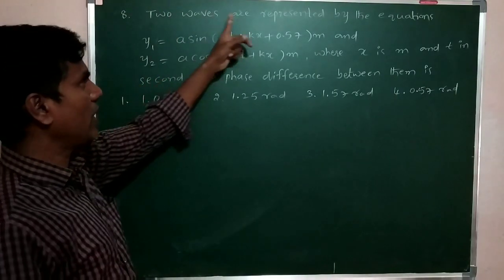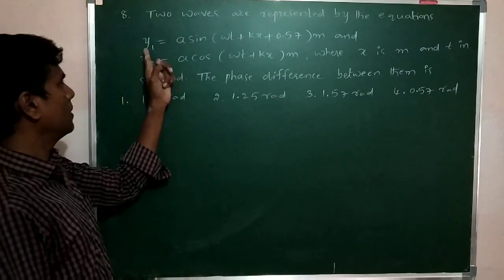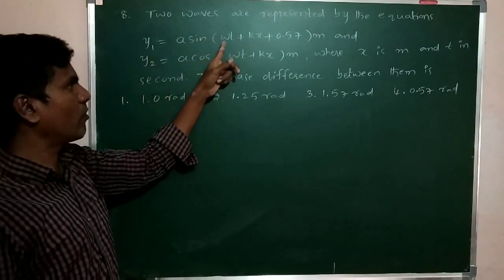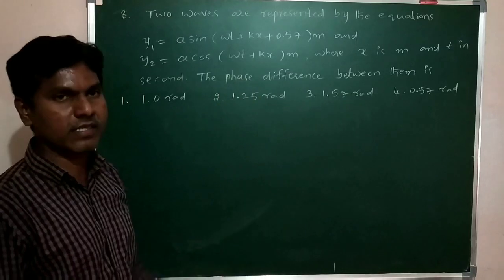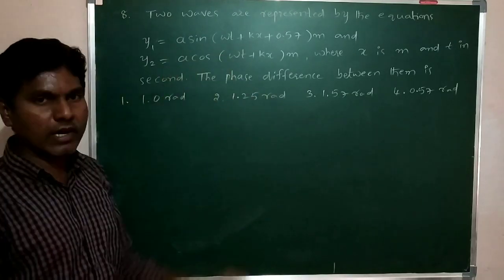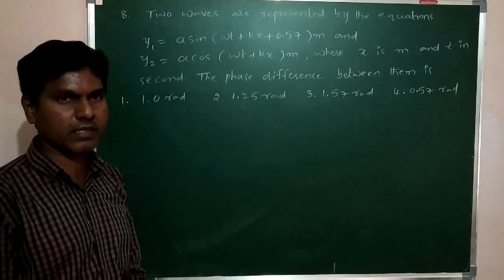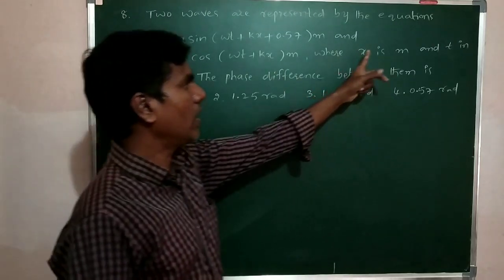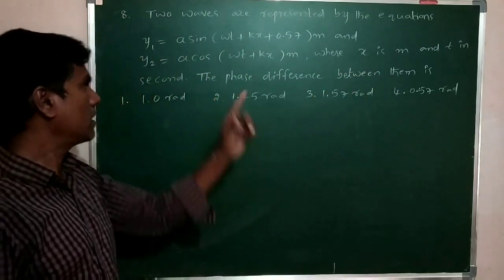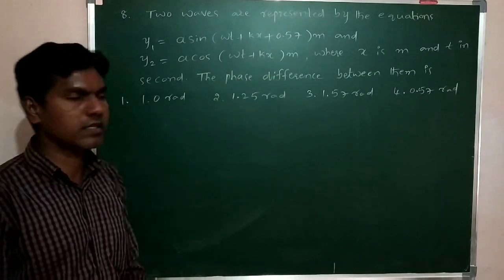Okay, the question is: two waves are represented by the equations y1 = A sin(ωt + kx + 0.57) meters and y2 = A cos(ωt + kx) meters, where x is in meters and t in seconds. We have to find the phase difference between them.